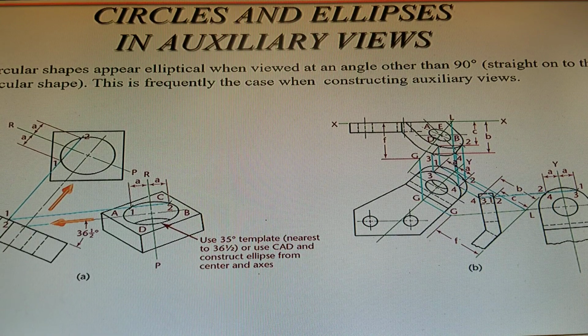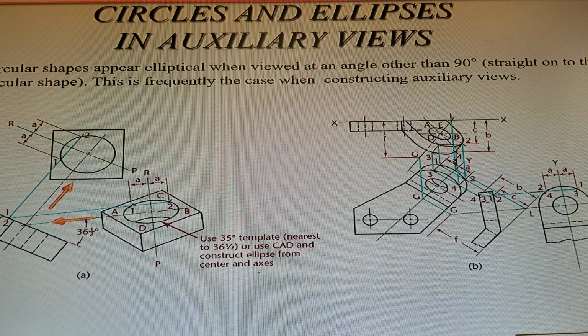Circles and ellipses in auxiliary views. Circular shapes appear elliptical when viewed at an angle other than 90 degrees, which is straight on to the circular shape. This is frequently the case when constructing auxiliary views. So in A on the left, you have a square with a circle in the middle of it, and it's a circle in that view.